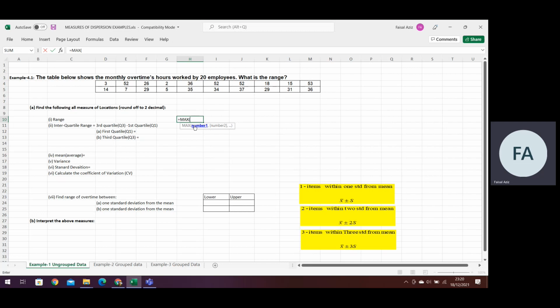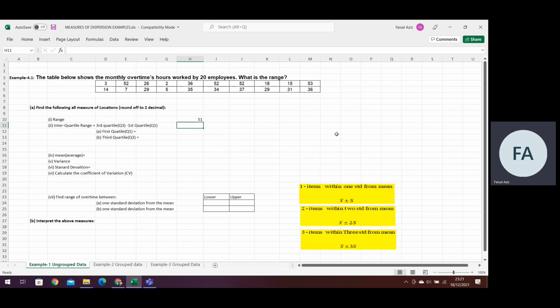This max formula will give us the maximum observation in the given data set, and then we select the data range. Then I will put minus, and then write min, and again select the given data set, and this formula will return the lowest observation. Once you click enter, the answer will come 51.